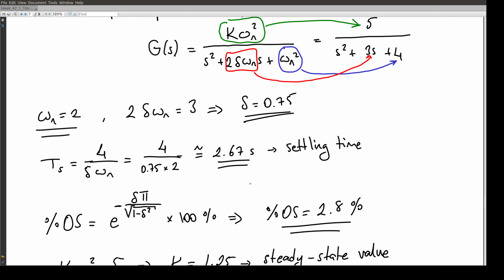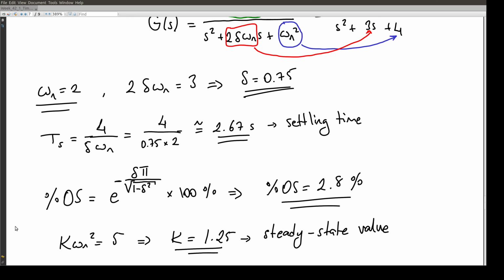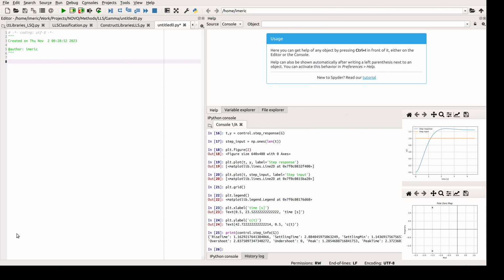So this is corresponding well with the values estimated by using Python. Let's look at the peak time. The value is about 2.37 seconds. The unit is here given in seconds.